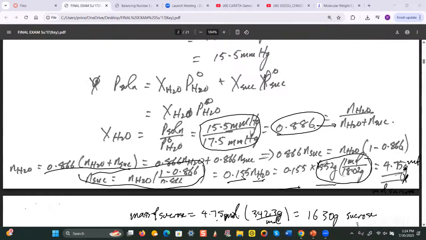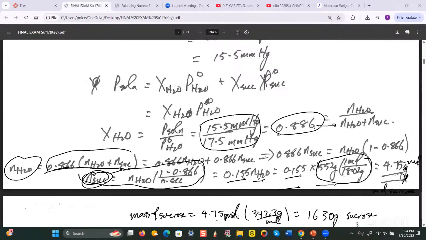Oh, I guess what you're saying, right. The moles of sucrose is equal to 0.155 times the moles of water. So when we worked this out, we got 4.75 moles of the sucrose. So that'd be the total moles of the solution, right? No, just the sucrose, this part right here. We rearranged this equation, the number of moles of water equals this right here.